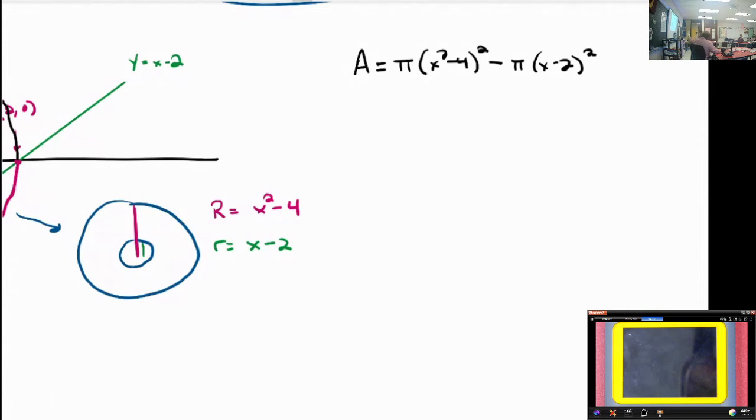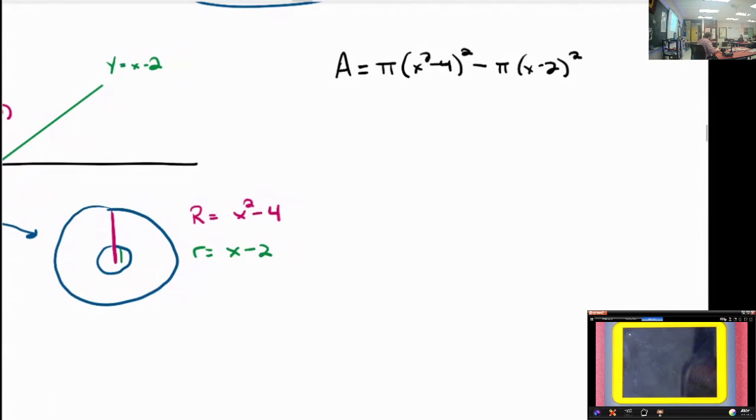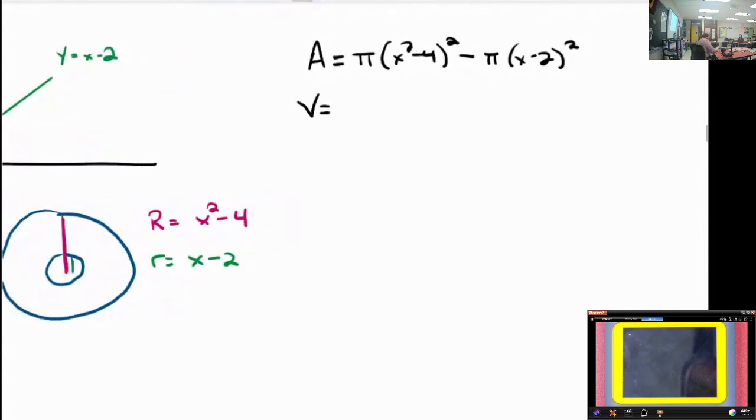It's the area of the big circle minus the area of the small circle. And then for the volume of each one of those, you factor the pi out. And this is a good case for not expanding everything out because it's not going to be cool. I'm going to use a square bracket for the big one. You can expand x squared minus 4 if you wanted to. I'm sure some stuff combines, but it's not worth it, in my opinion.